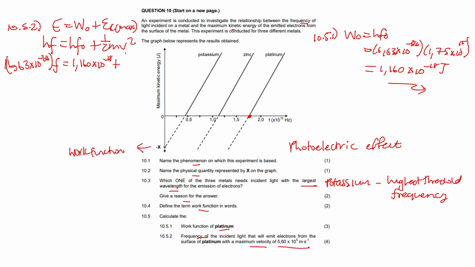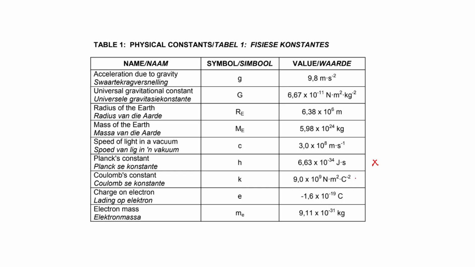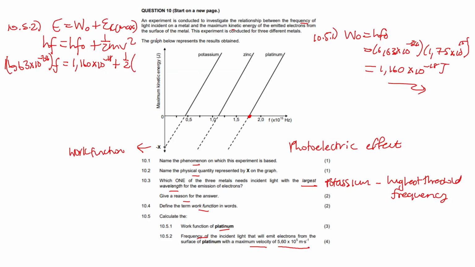And we add half of the mass, and an electron's mass is on the formula sheet, which is 9,11 times 10 to the power of negative 31. So you just write 9,11 times 10 to the power of negative 31. And you multiply that by the velocity that was given, which is 5,60 times 10 to the power 5, and we square that.